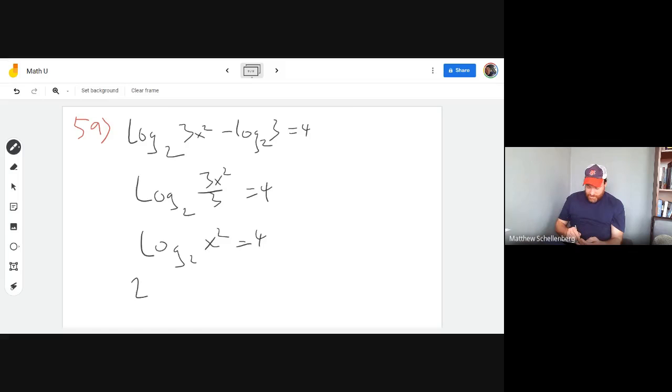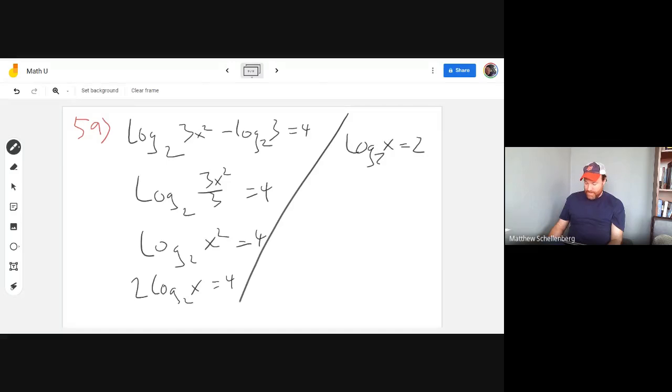So this is actually 2 times log of x base 2 equals 4. Now we can divide both sides by 2, and we get log of x with base 2 equals 2. And that just means 2 squared equals x, and so x is 4.